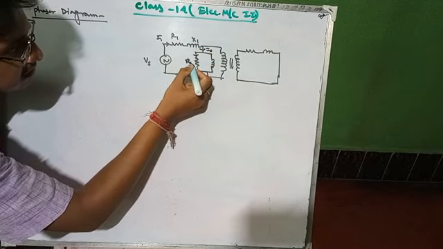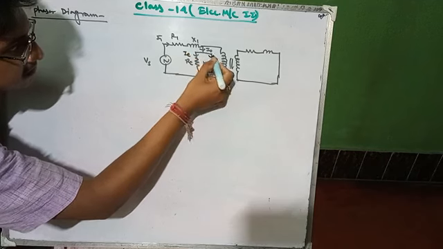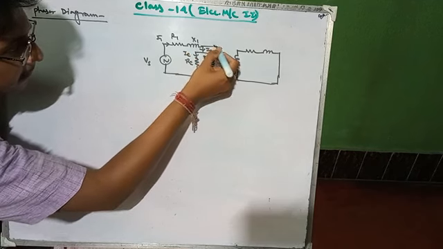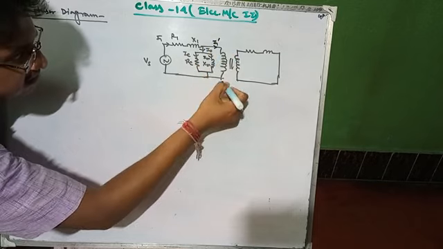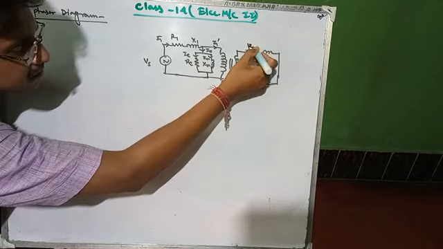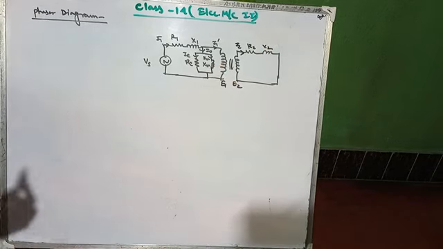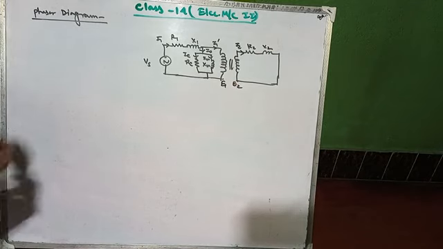It will be Re, this is Xm, this is IE, this is Im, and here will be I1 dash, there will be EMF induced E1, here will be EMF induced E2, these are R2, X2 and I2. Okay, these parameters I have already discussed in the last class.